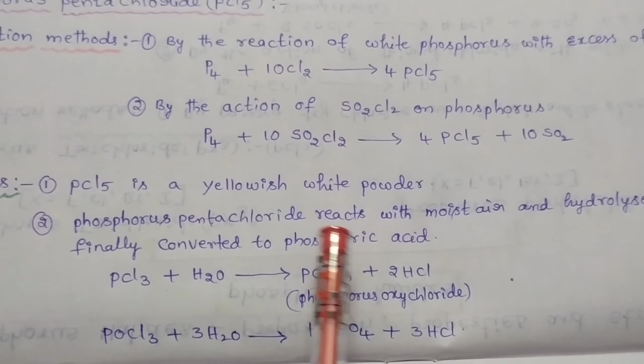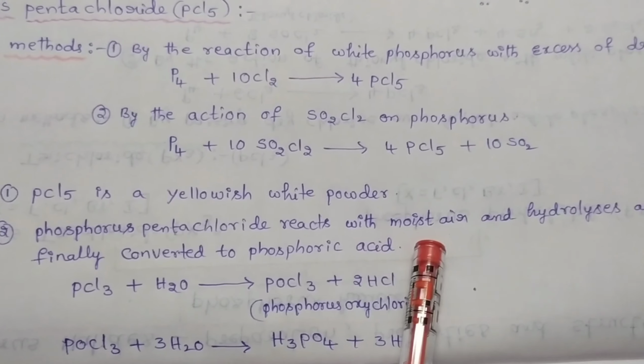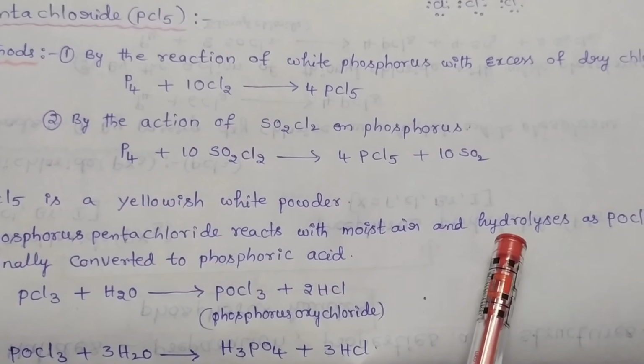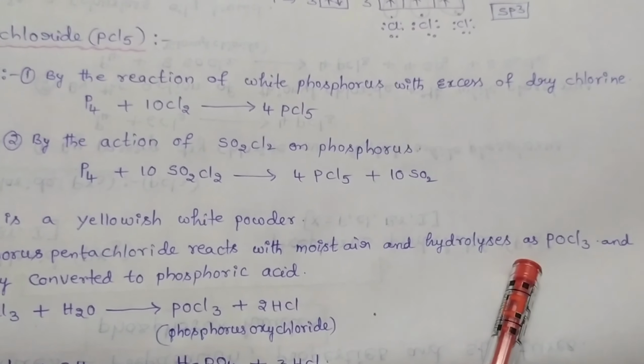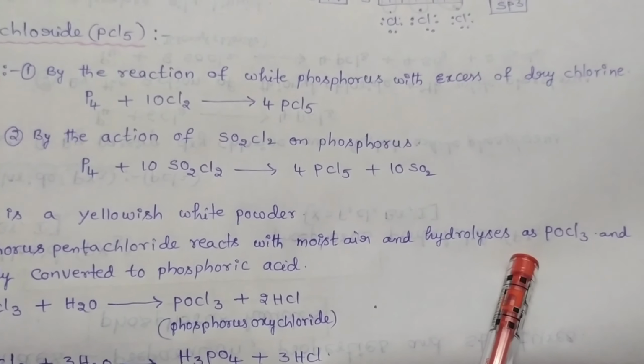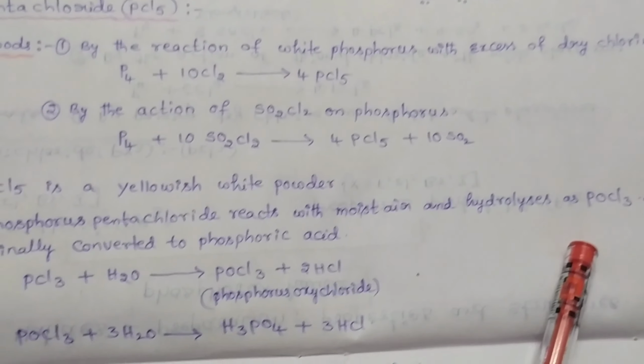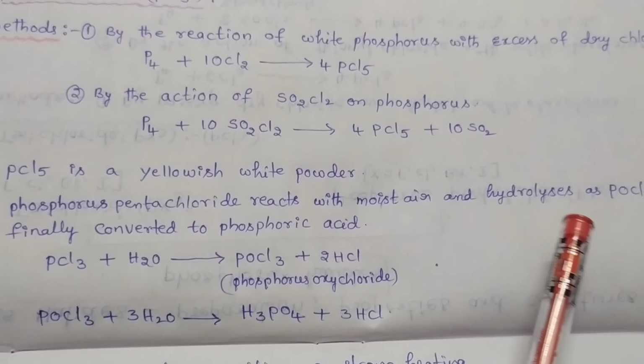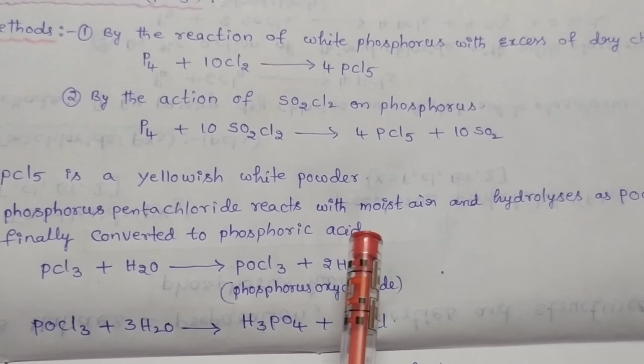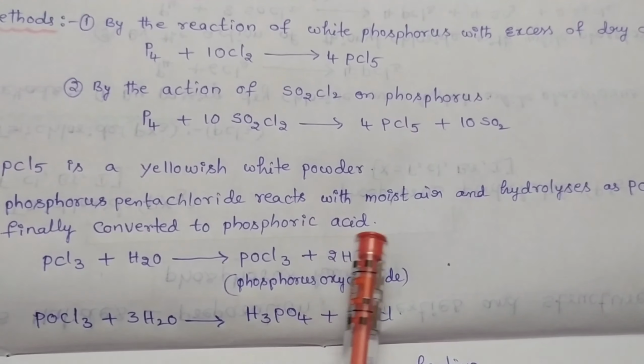When phosphorus pentachloride reacts with moisture, hydrolysis gives phosphorus oxychloride. The formed phosphorus oxychloride again reacts with excess water to form phosphoric acid.